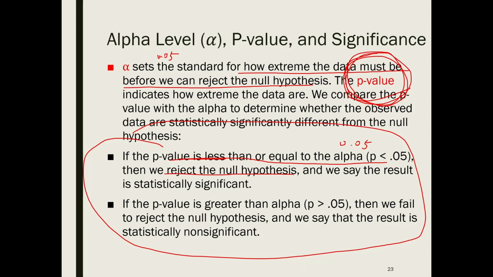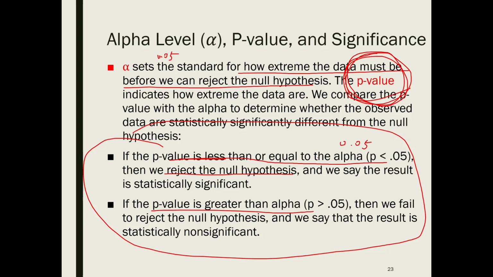So there is a significant difference. If the p-value is greater than the alpha level, usually 0.05, then we fail to reject the null. That means we accept the null, and we say that the result is statistically non-significant. Keep this in mind.